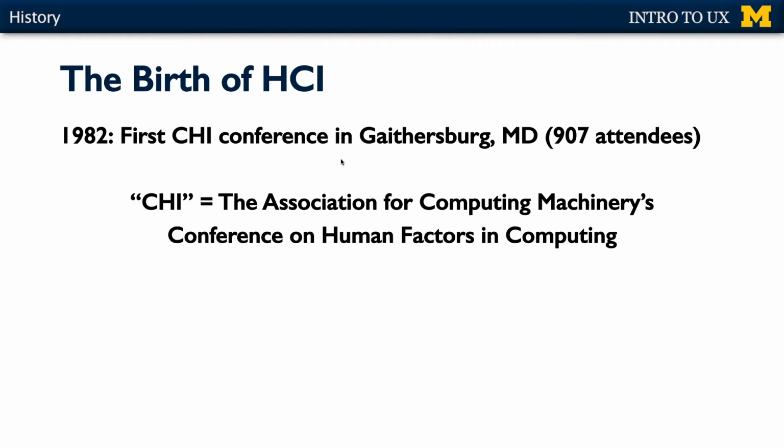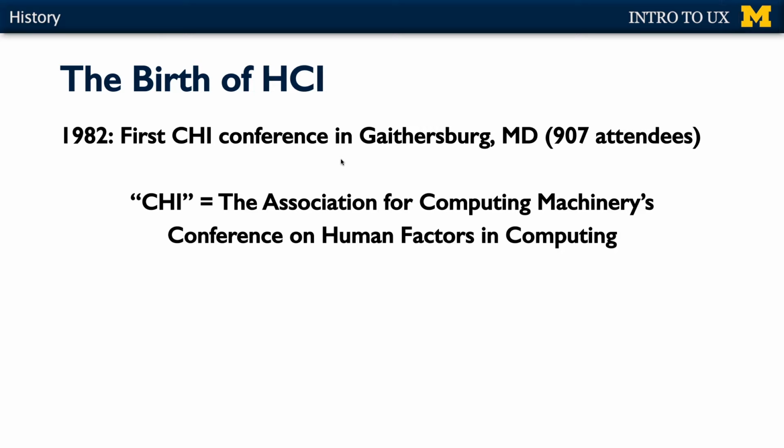Around the same time, a community of people was coming together and starting to identify as a community that was interested in studying these types of problems. So in 1982, we had the first CHI conference, and CHI is the premier conference in the field of human-computer interaction.